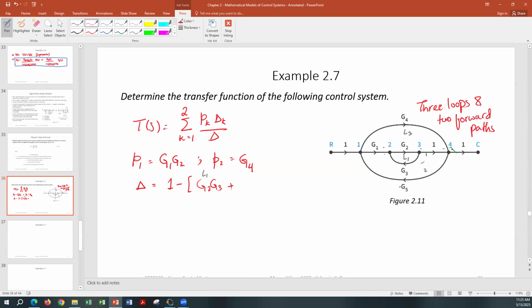So loop 2 is G1 times G2 times 1 times negative G5. And then loop 3, which is the outer loop, is G4 and negative G5. So plus G4 times negative G5.